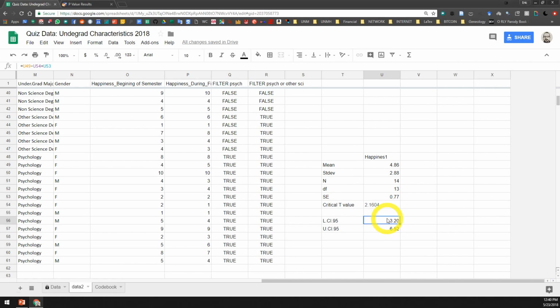So basically the space of our confidence interval is widened because we have more uncertainty, because our critical value is bigger. So now it's 3.2 to 6.52 is the width of our confidence interval. That's slightly wider than our previous one, which was, I think, in the range of 4 and 5, approximately. So this is one way you can get a confidence interval based on a subset of data.